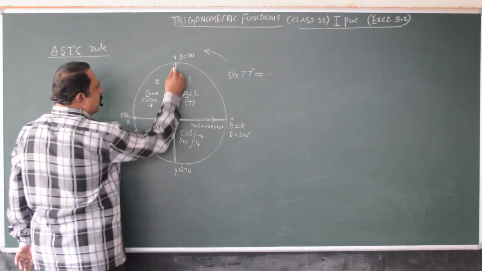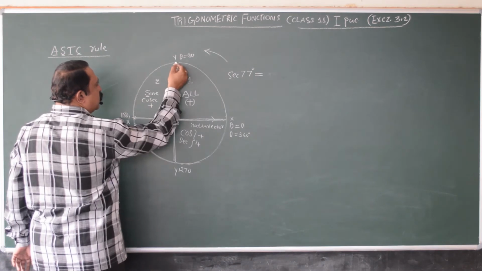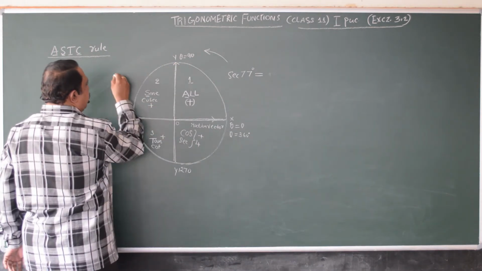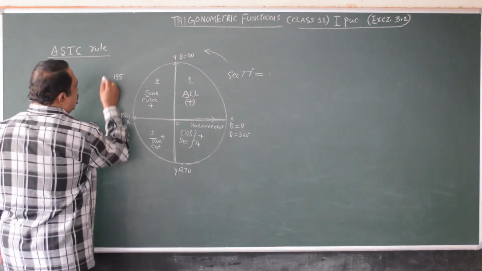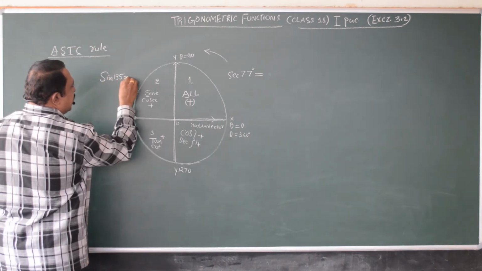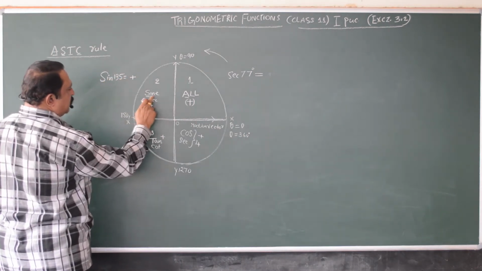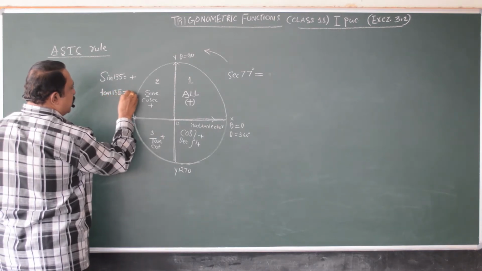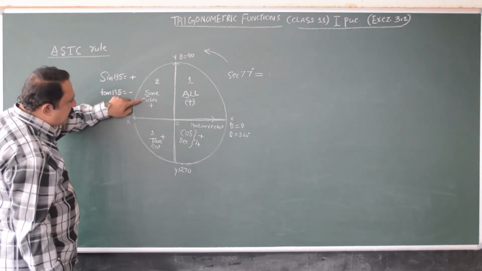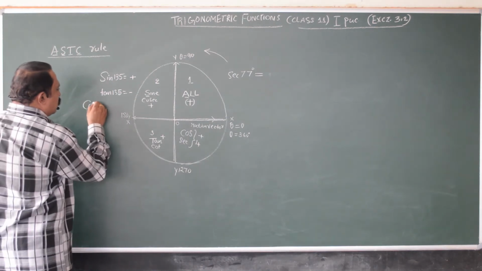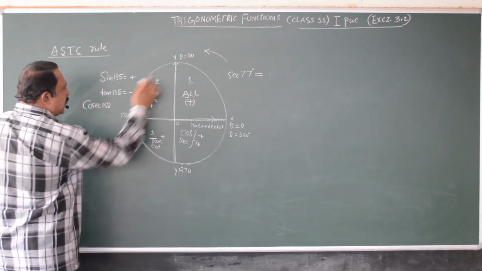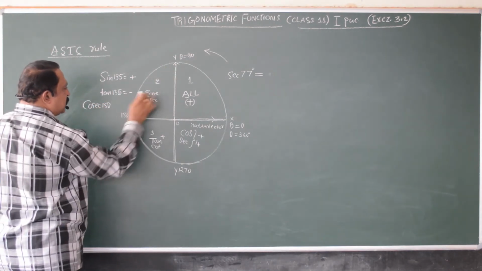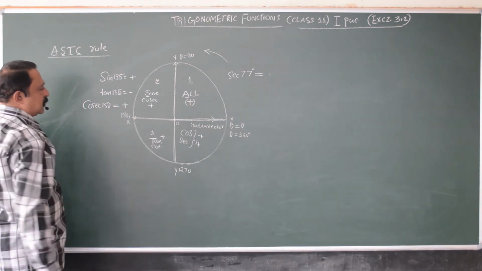Now in the second quadrant, the angle goes between 90 and 180, say for example 135 degrees. If I take sine 135 degrees, I should get positive because sine is positive. If I take tan 135, this should begin with negative, because only sine and cosecant are positive, for example cosecant 150, because 150 lies between 90 and 180, in the second quadrant, so it will be positive.